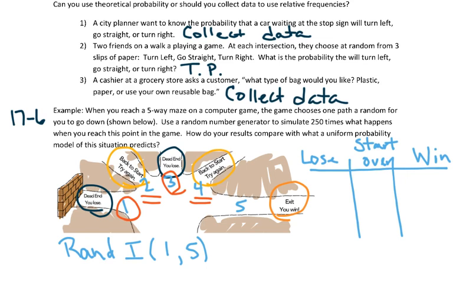And if it's 5, then I would put a tick mark in the win column. So you're going to end up with 250 tick marks. Complete that example, it'll take some time, and see what the probability is compared to the uniform probability model.